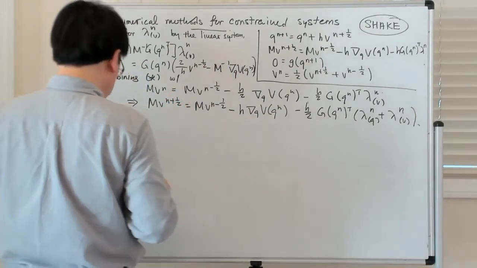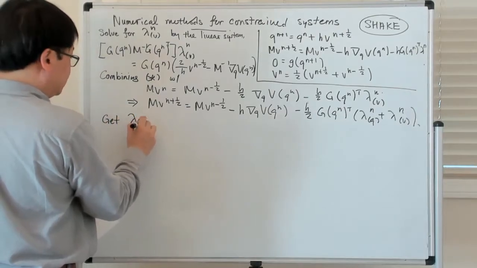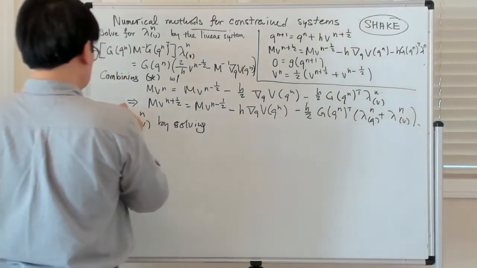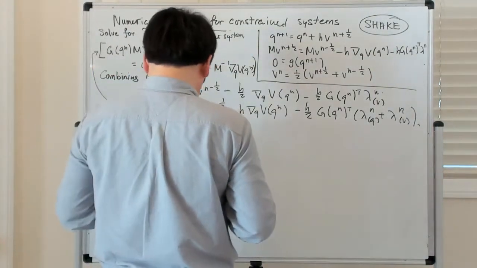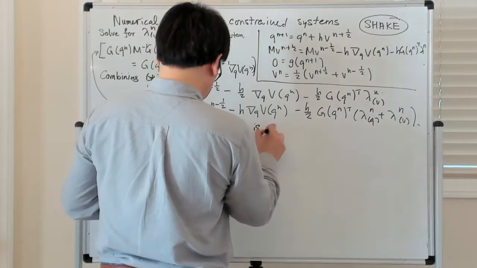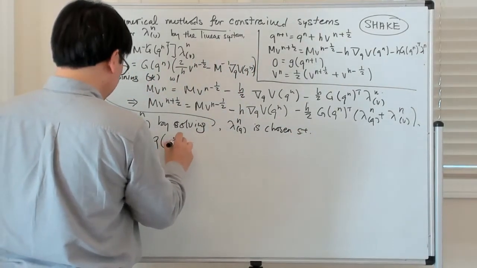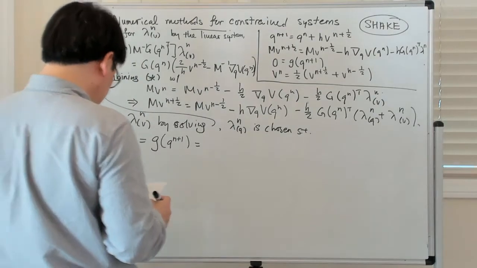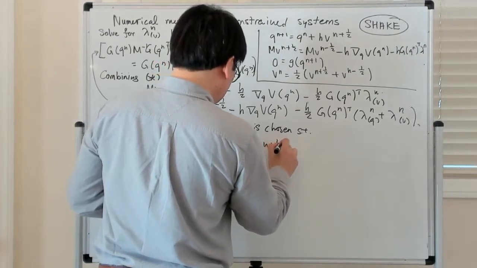So you get lambda Vn by solving this one, and then lambda Qn is chosen such that g at Qn plus 1 equals 0, where g at Qn plus 1 is g at Qn plus h vn plus half.